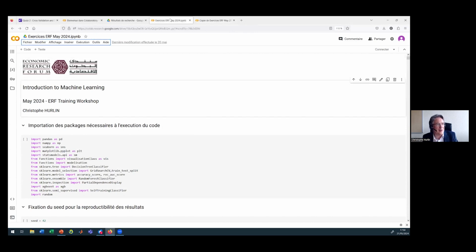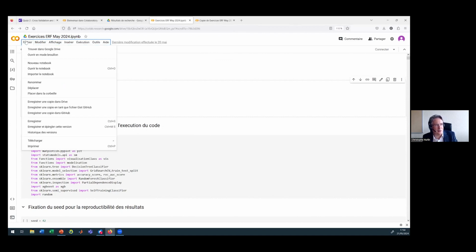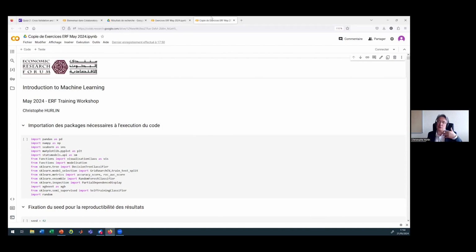but I will send you this exercise file. Then in file, save as a copy in Drive, you will create a copy of the Jupyter notebook that I will send you. And I ask you, please, to work with a copy of my file, because otherwise we will have some problem to collaborate together.